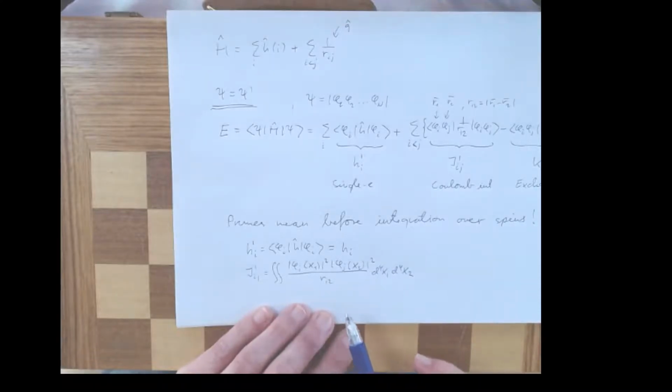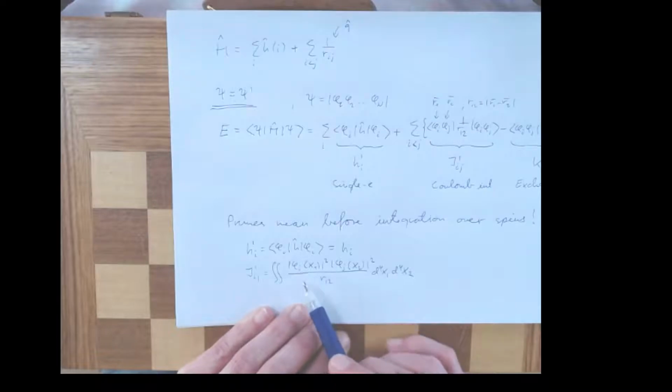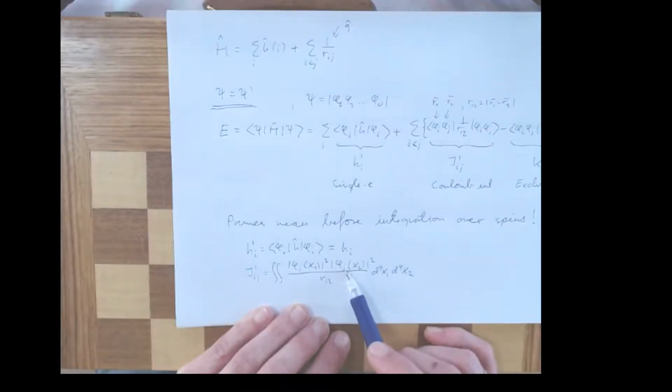But again, what I find here is that spin integrations will always give me 1, because I have phi i against itself, and that of course gives me a spin integral of 1. And here I have phi j against itself with one particular argument. So again, that must give me a 1.